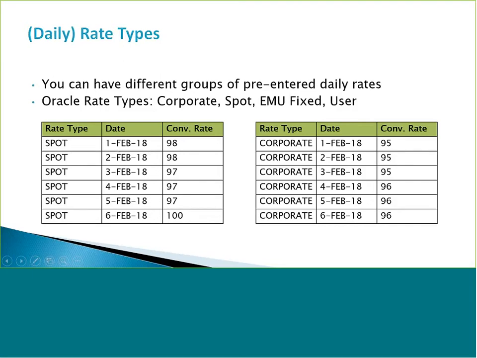This is the effective rate for this particular day, and these rates are pre-entered by an accountant working for that particular company. And you can have the corporate rate, which will be the rate for the same day. So you see what I'm talking about. You have two rate types, and each rate type has its own exchange rate for that particular day. So why would you have a scenario like this? Maybe you have a group of people who you want to use this particular exchange rate, and you have another group of people working in the company who want to use this exchange rate.